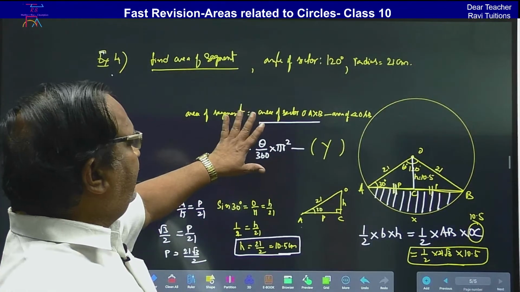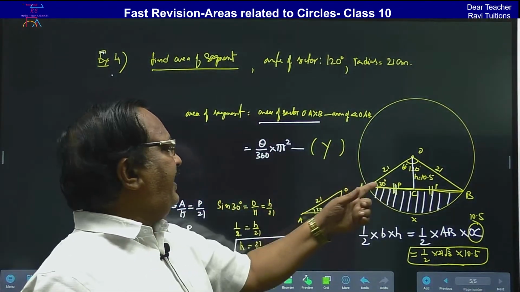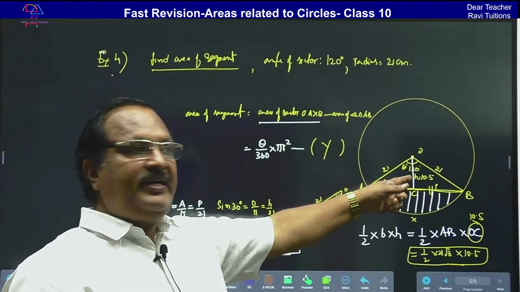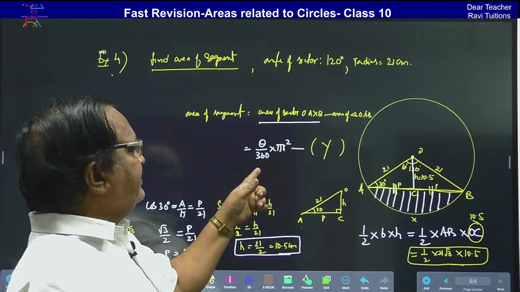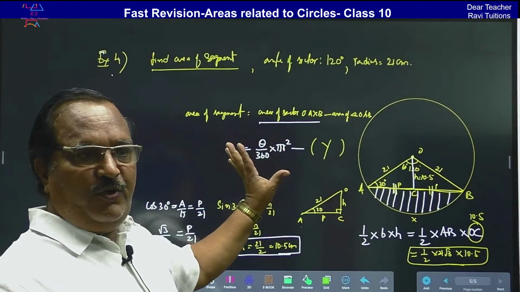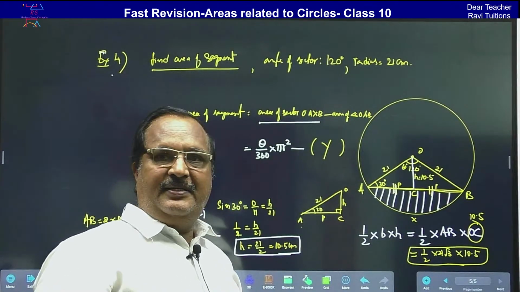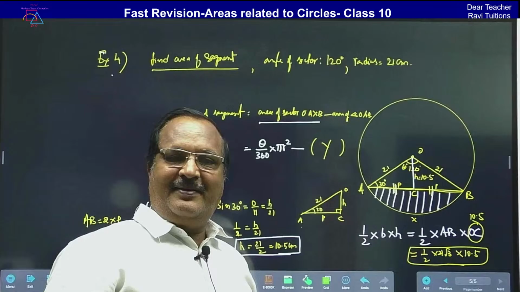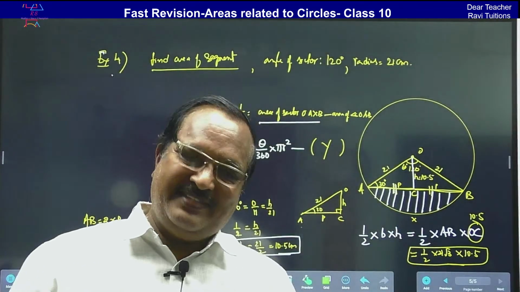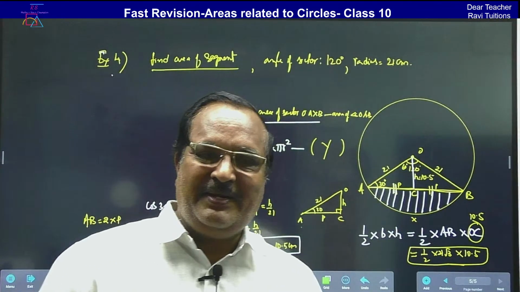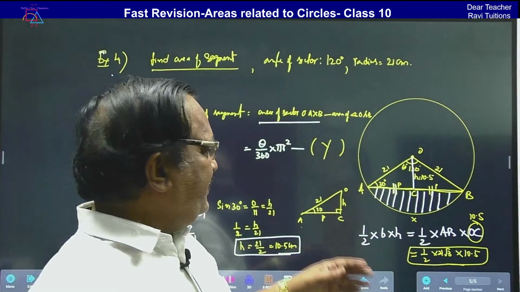Now, the area of a sector you can easily find out. Angle is 120 by 360 into pi r square, you will get the area of the sector. Then from the area of the triangle, you will get the area of the segment. So, what will I do?